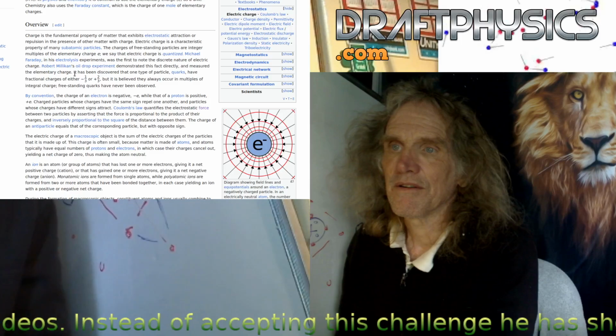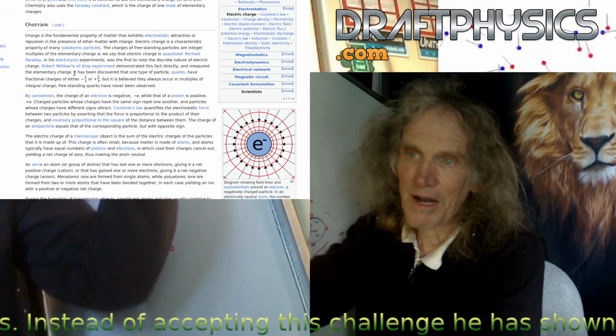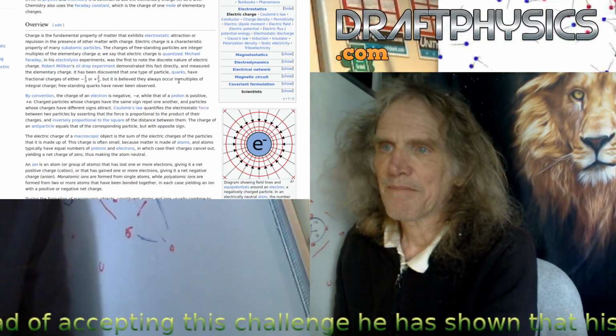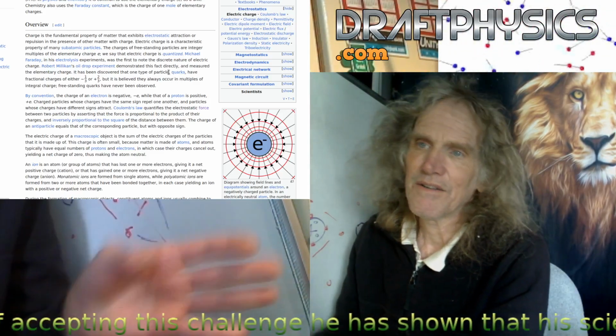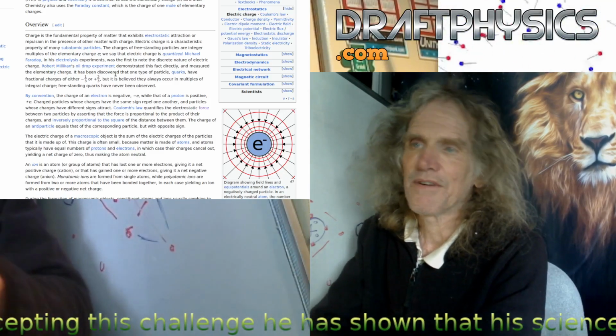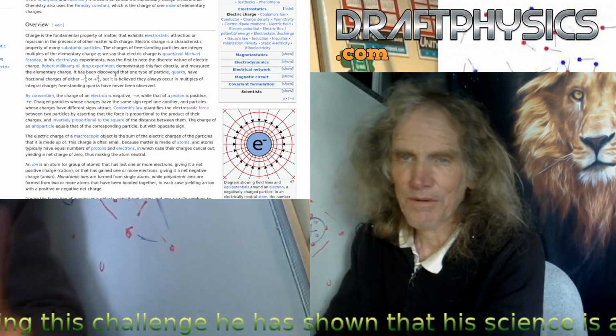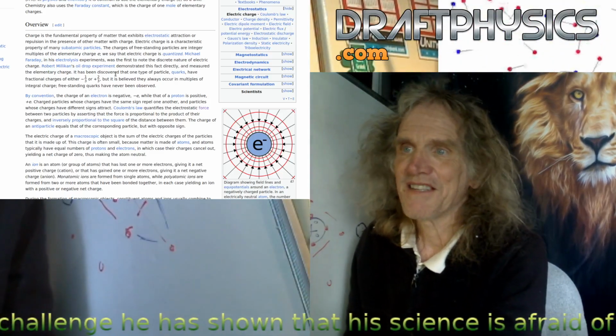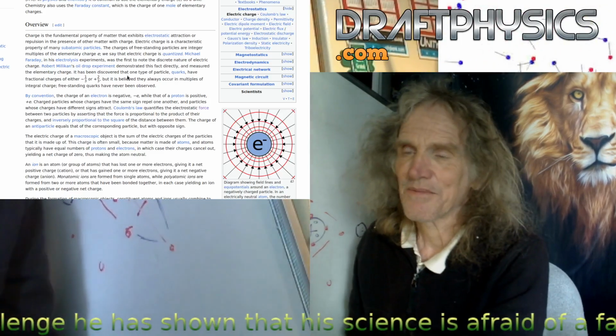And so he could randomly make something positive or negative. It has been discovered that one type of particle, quarks, so that it's this whole thing, it has been discovered. There won't be any Millikan experiment. They won't show you that. You can see the oil drop moving around. You can see that experiment, but you're not going to see this experiment.